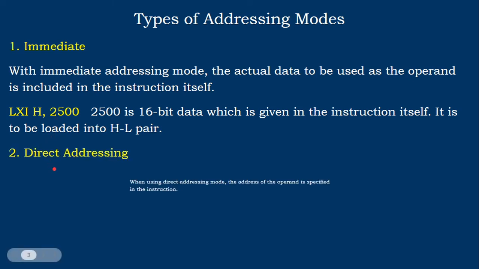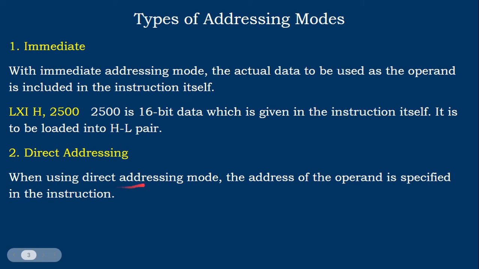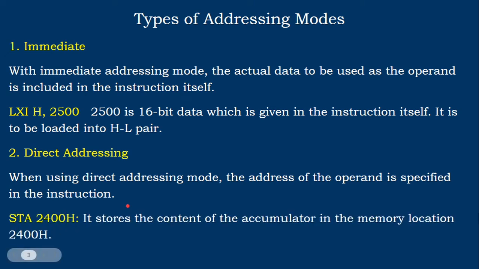Next is direct addressing. When using the direct addressing mode, the address of the operand is specified in the instruction. That means the instruction contains the address of the operand. The example is STA 2400H, the store instruction, which stores the content of the accumulator into the memory. So 2400 is the memory location address.